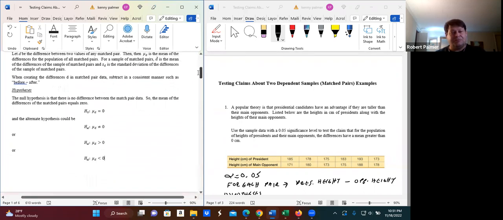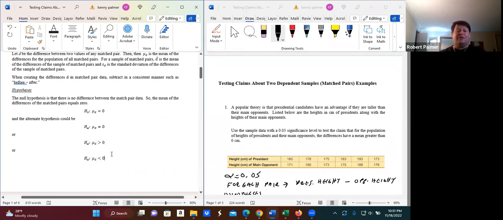The null hypothesis is that the mean of those differences is zero, meaning there's no difference between the matched pairs. Or we say that there is some difference, and possibly give a direction, greater than or less than zero.